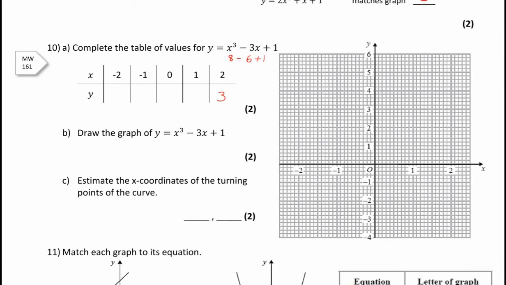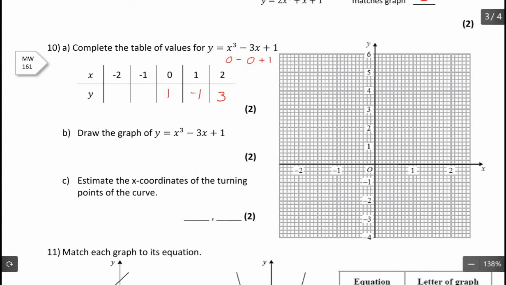Now if I substitute 1 in here, 1 cubed is 1, minus 3 lots of 1, that would be 3, plus 1, so I'm at negative 1 there. If I substitute 0 in, 0 cubed is 0. 3 lots of 0 is 0, so that will just give me 1.